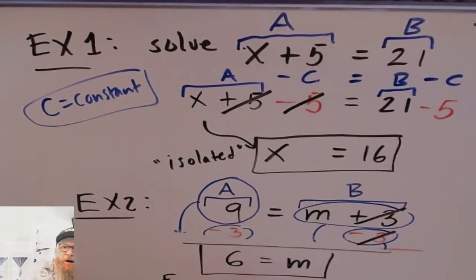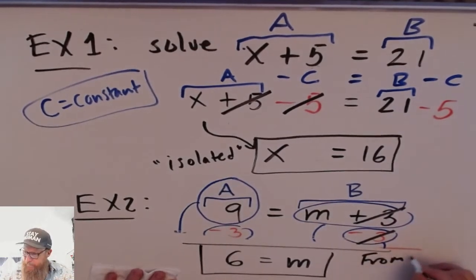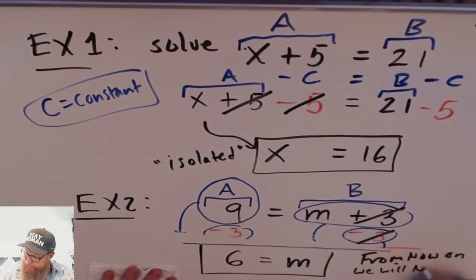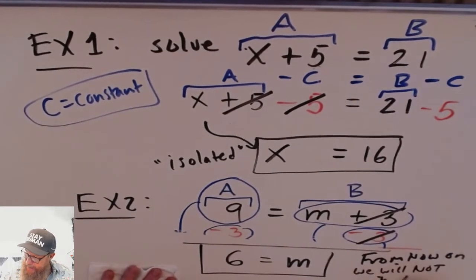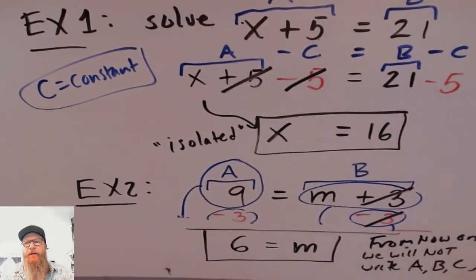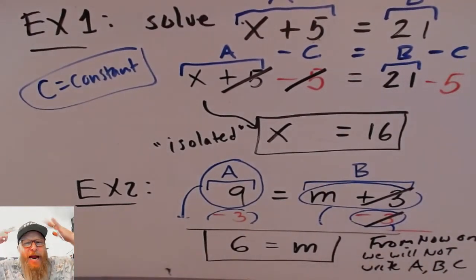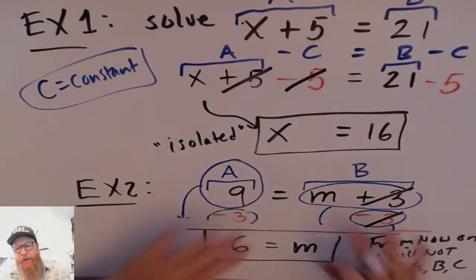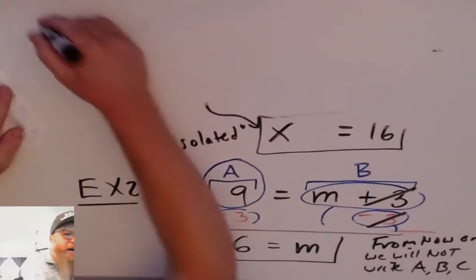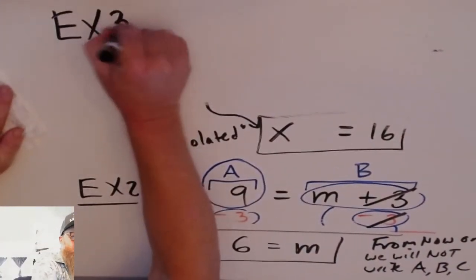And from now on, we will not write the A, B, and C. The A, B, and C are abstract concepts that I like to use to get the ball rolling, to kind of get you into the mood. And then at one point, we're going to abandon these, and we're just going to solve the equations. So this is the way you'll do it in practice.